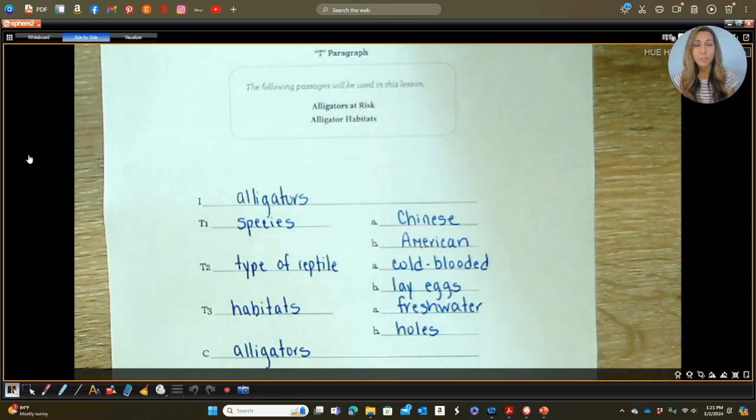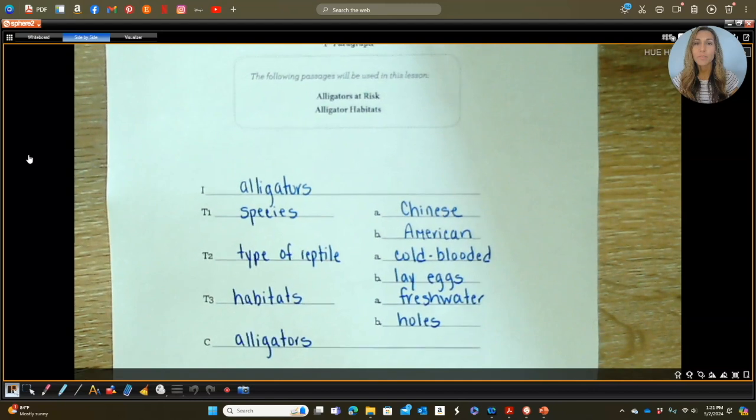Your job is to look, listen, and learn. You need to be paying your closest attention while I'm modeling so that you can learn how I'm doing this, why I'm doing this, when I am writing each sentence of the paragraph, so that you can write your own paragraph in just a few moments. So even though I'm the one that's writing, we're both learning together.